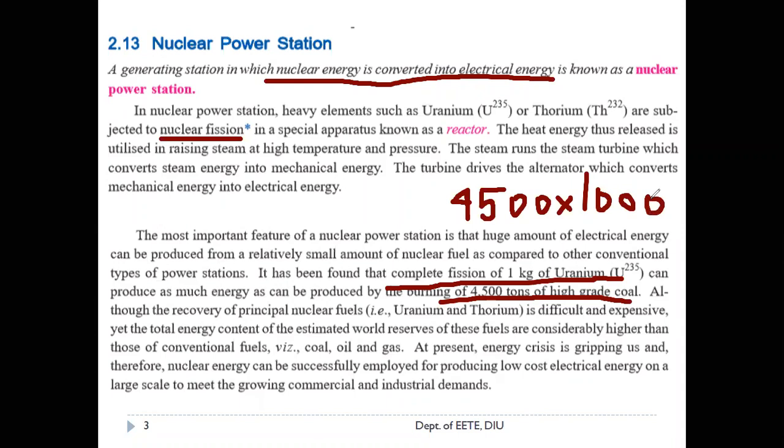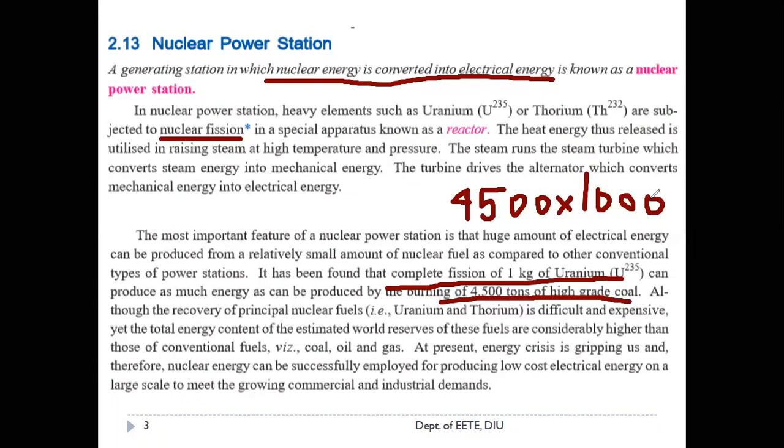So you can relate how much prospect is here, but everything has pros and cons. From the outer side we can say it is a huge energy prospect, but it is also very dangerous for the whole world and for humanity, because if this kind of power station gets busted and exploded, humanity will not exist in that area.